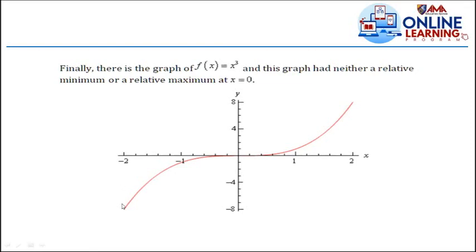The third degree equation, this is the form of its graph. It says here, it has neither a relative minimum nor a relative maximum. If we start here, this will serve as our relative minimum. But if we start here, this will serve as our relative maximum at x equals 0.